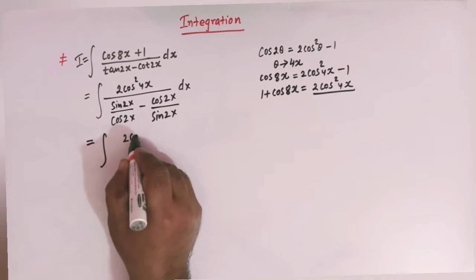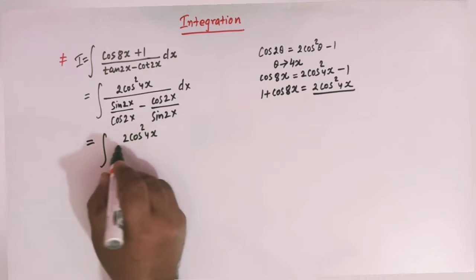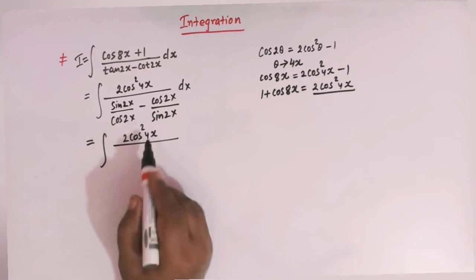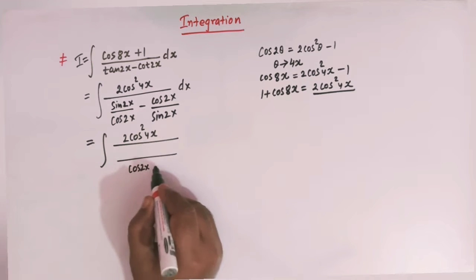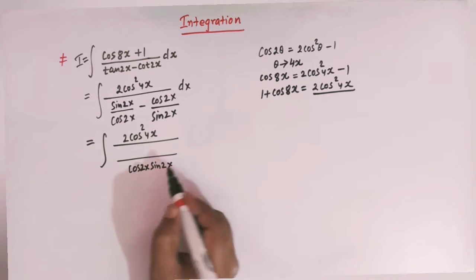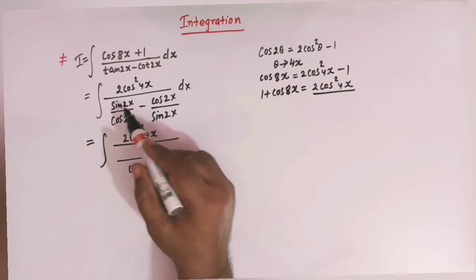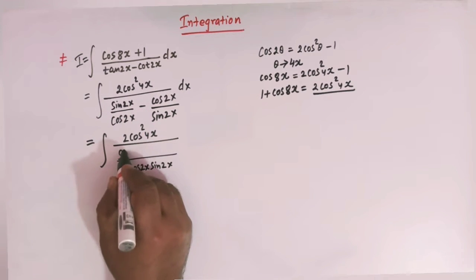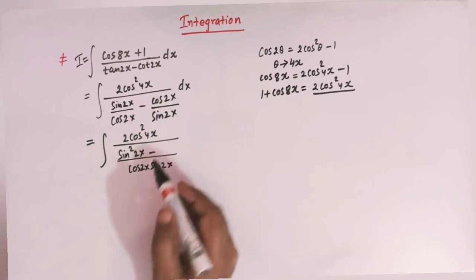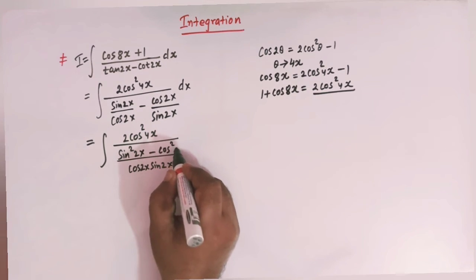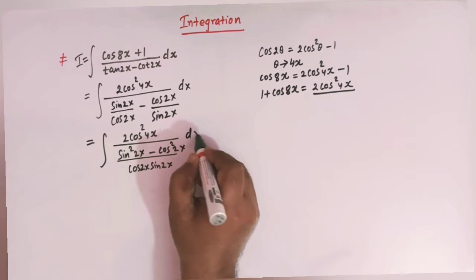If we take the LCM, we have sin 2x times sin 2x, which is sin²2x, minus cos 2x times cos 2x, which is cos²2x.